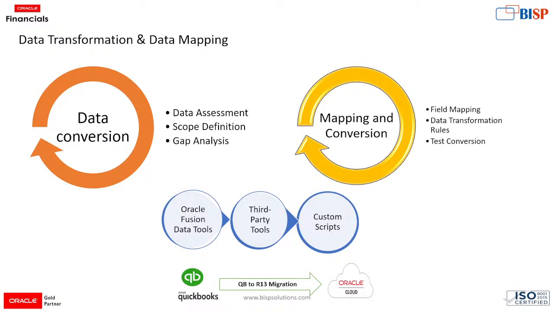Scope definition: before initiating the data transfer, it is important to identify the specific data that needs to be transferred. This involves analyzing the source and the destination system, identifying the type of data to be transferred, and determining the format in which it needs to be transferred.